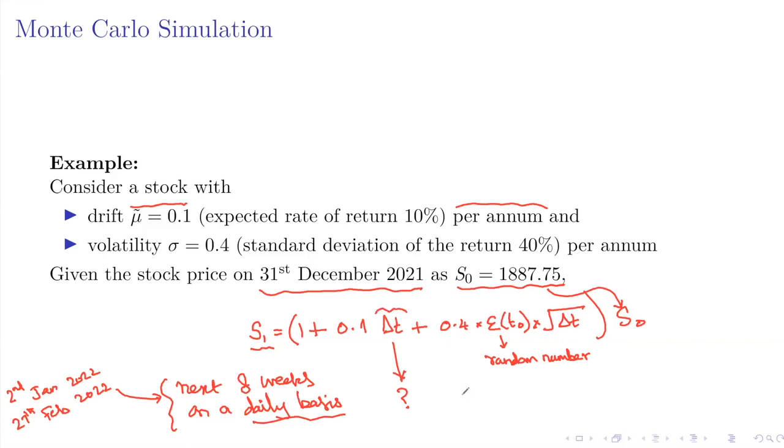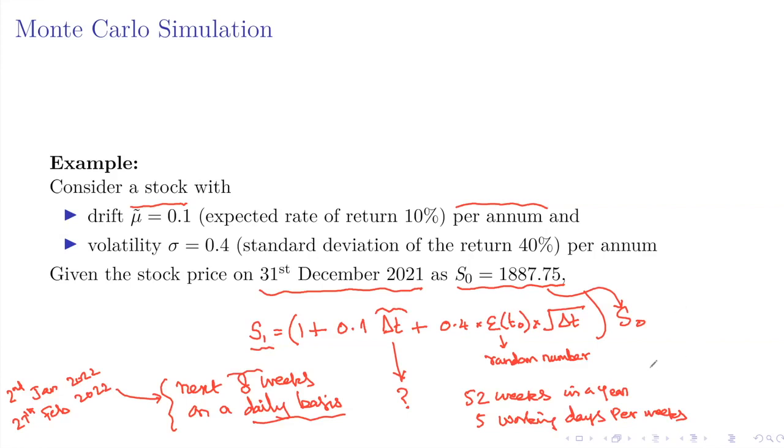Now assume that there are 52 weeks in a year, and assume that there are 5 working days per week. Of course, there may be some holidays in between, but just for the calculation purpose, to apply this formula in a rather simple manner, let us assume that all these 8 weeks have exactly 5 working days, ignoring all the holidays in between.